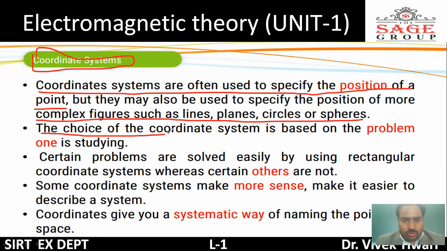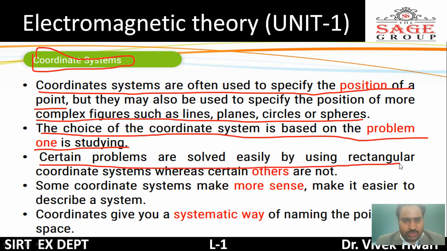To choose the coordinate system based on the problem, there are lots of coordinate systems available in this subject. Basically we will study three coordinate systems. It will depend on which type of problem we have; according to that we will choose our coordinate system. Certain problems are solved by using the rectangular coordinate system.